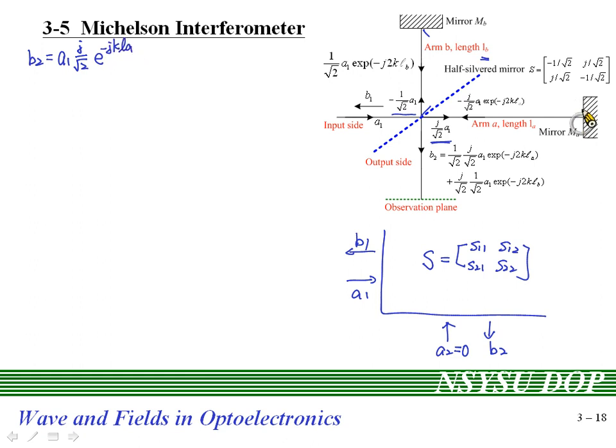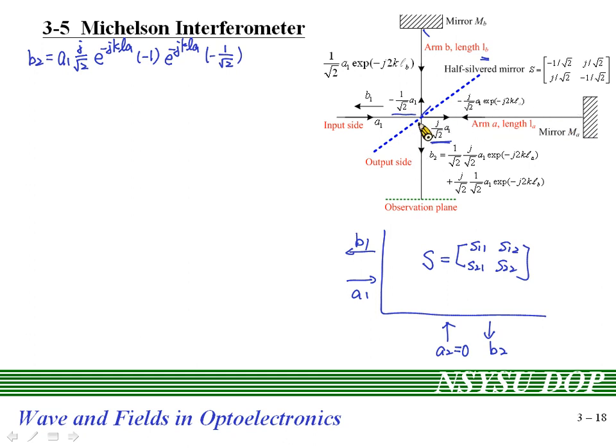Okay, as the light beam hits the reflected mirror, the amplitude will be multiplied by minus 1. And then it will go back to this half transmitted mirror, and again it will accumulate the phase difference, and then will be reflected by the half transmitted mirror, so we must multiply it by the factor minus 1 over square root of 2. So this is the component going along this path.